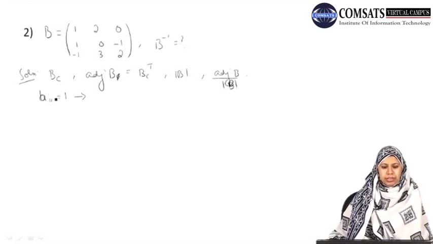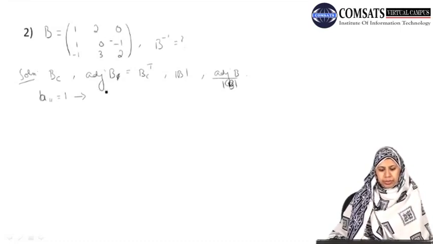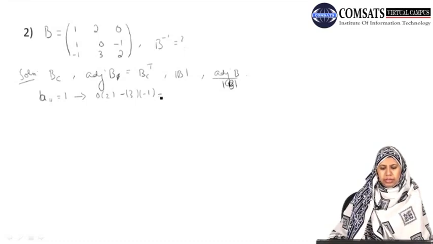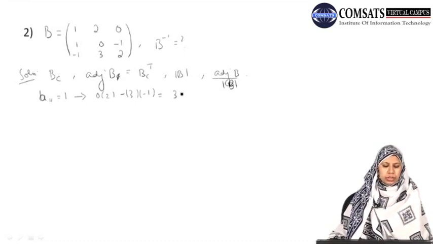The number associated with this entry is 1, okay, and the determinant of the submatrix is 0 into 2 minus 3 into -1, which is equal to 3.